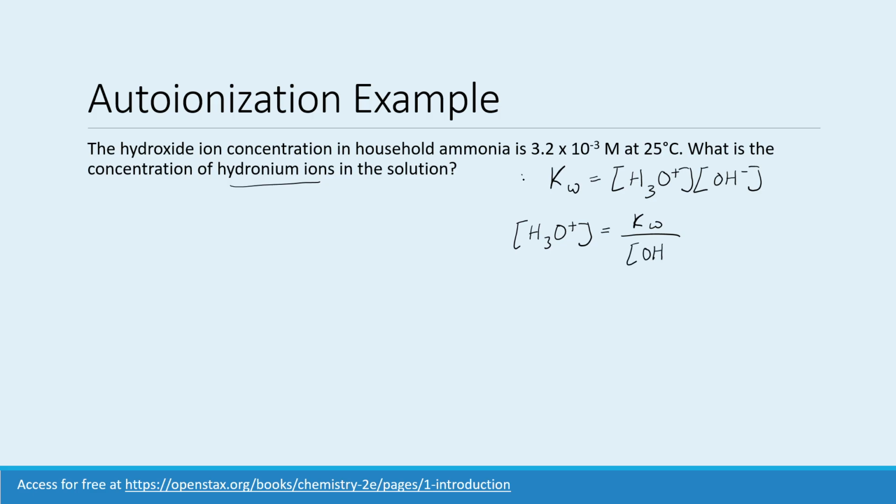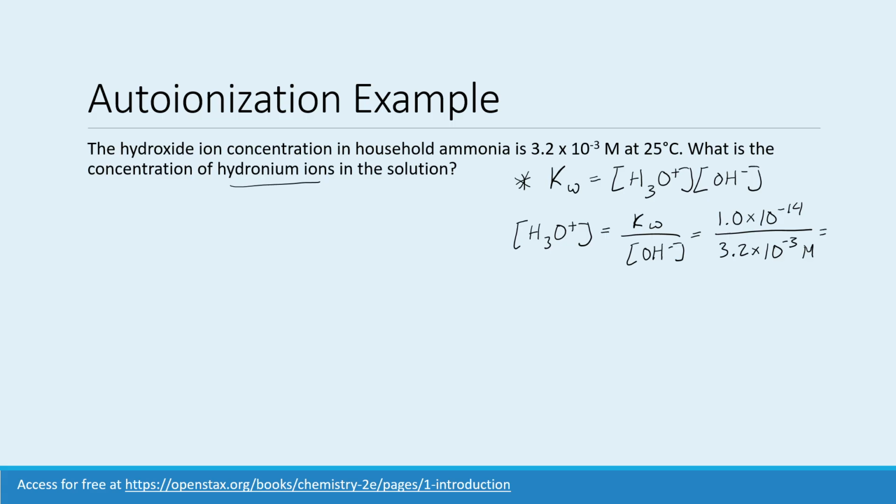So of course I'm just rearranging this original equation. And so we can plug in Kw, a known constant, 1.0 times 10 to the negative 14th, divided by the hydroxide ion concentration that they give us, 3.2 times 10 to the negative third molarity.